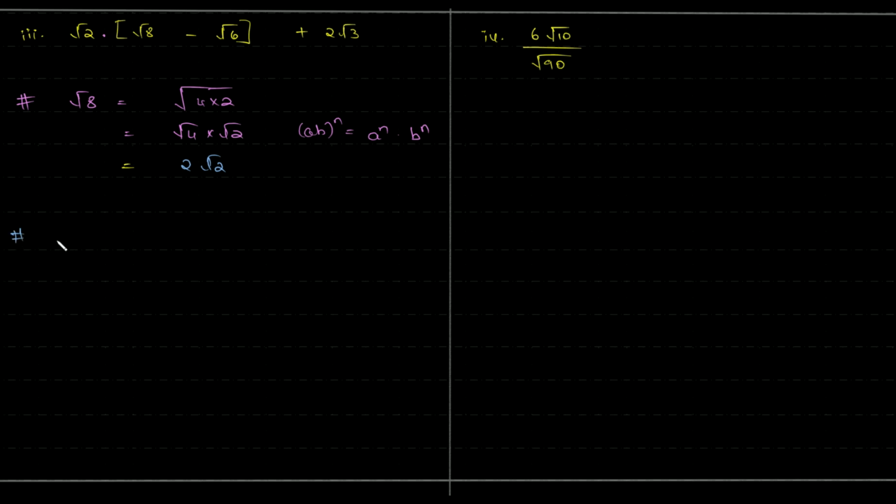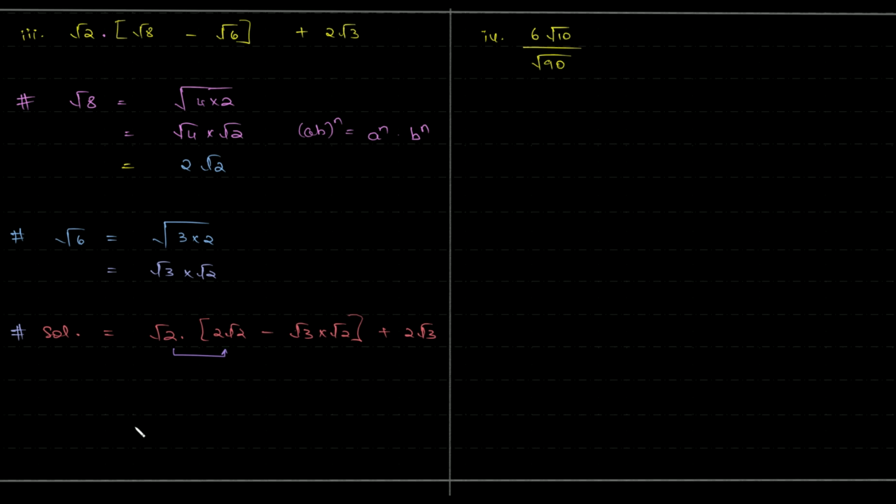Then we'll take root of 6. Root of 6 is root of 3 into 2, and then we have root of 3 into root of 2. We can't do much about it, so this is it. And now back to the solution. We have the solution being equal to root 2 into 2 root 2 minus root 3 into root 2, plus 2 root 3. The only thing we can do is, we can't add anything over here.